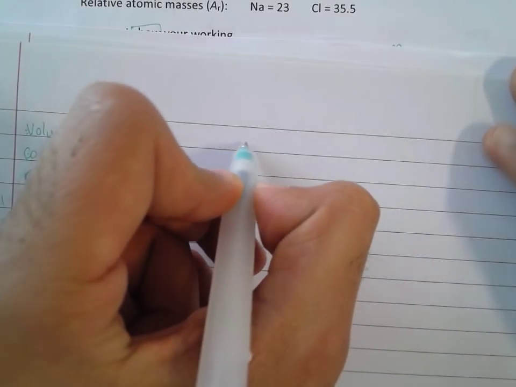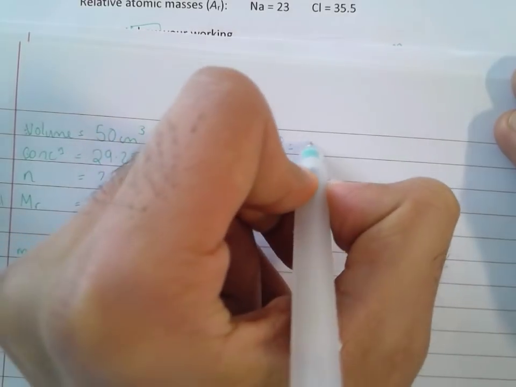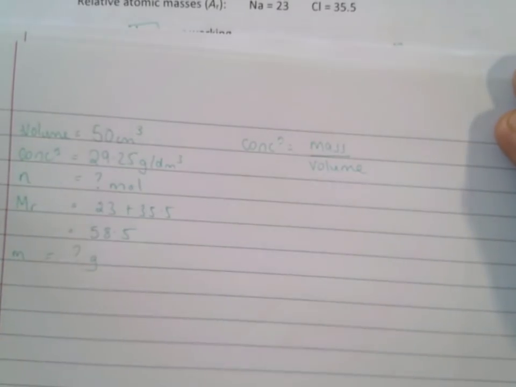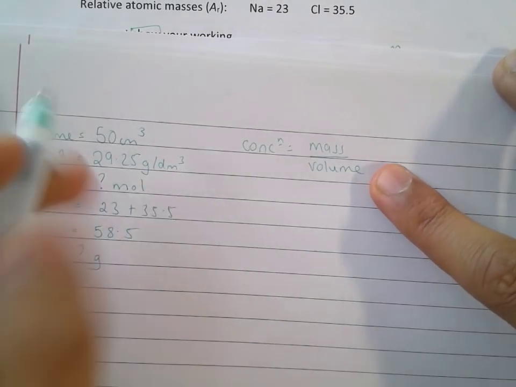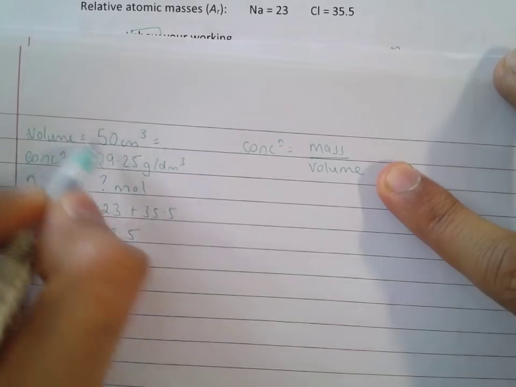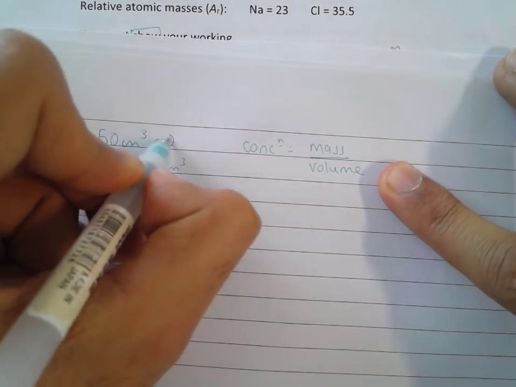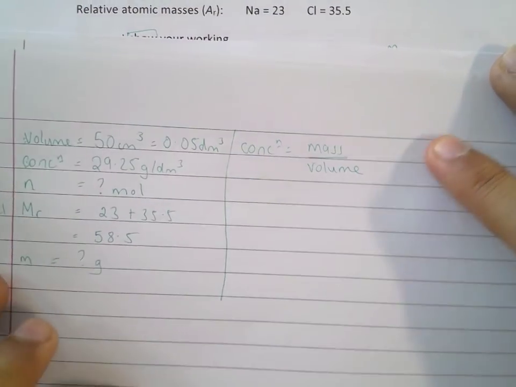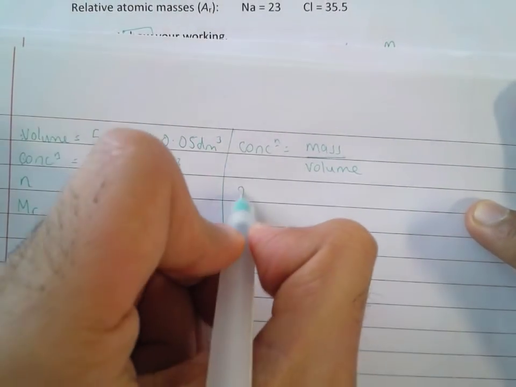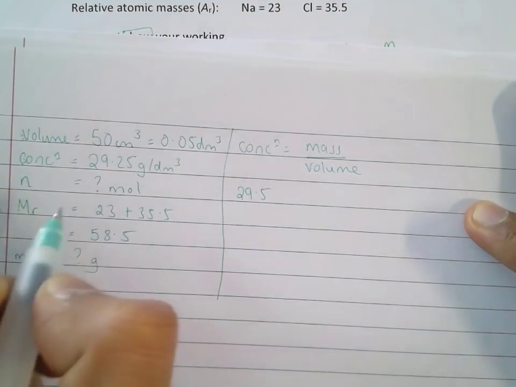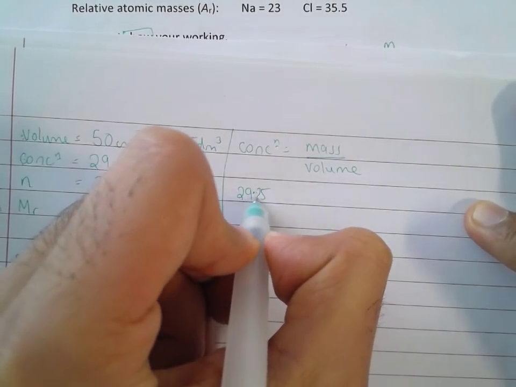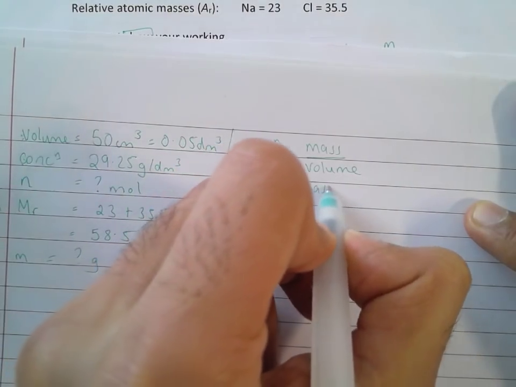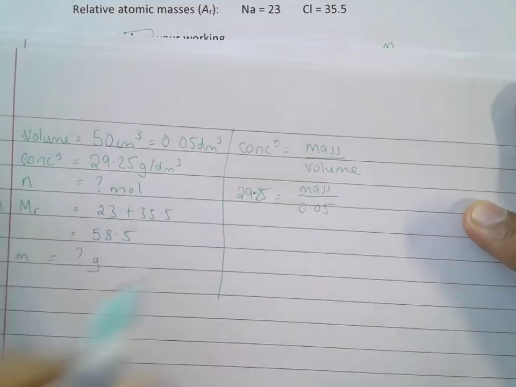So if we write down that formula, concentration equals mass divided by volume, immediately I'm thinking volume needs to be measured in dm cubed, so I'm going to divide 50 centimeters cubed by 1000 to get 0.05 decimeters cubed. I now substitute my values, so I have 29.25 equals mass divided by 0.05 dm cubed.